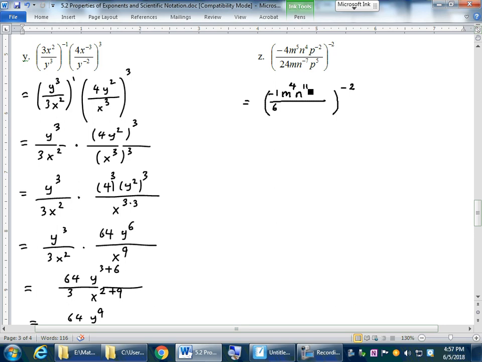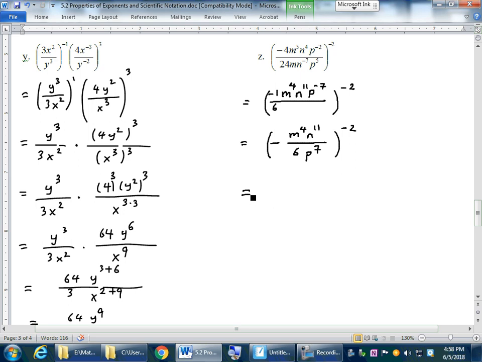Then the last part, p to the negative 2 power over p to the 5th power, so using property number 2, p to the numerator exponent negative 2 minus denominator exponent, that will become negative 7. Now, simplifying inside the parentheses, right? Order of operations continuing, so that will be negative m to the 4th n to the 11 over 6p to the 7 power.